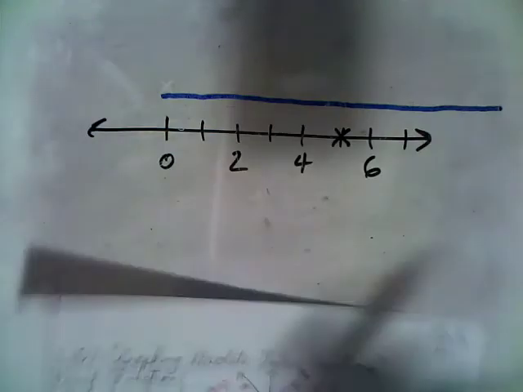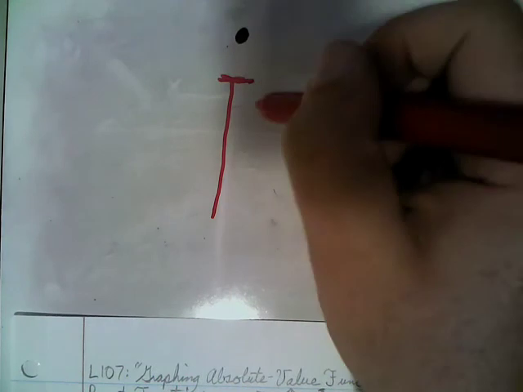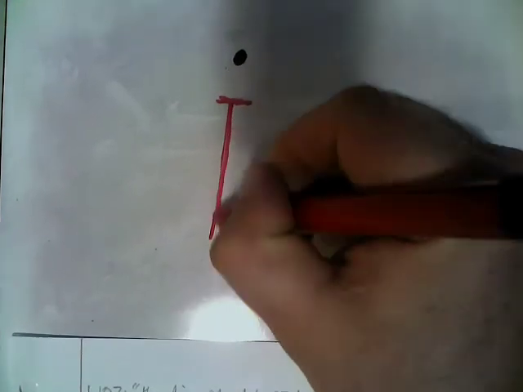So again, that could be a situation where, going back to this example, if my distance is a measurement of time, I choose to turn back at this time and come back this way.